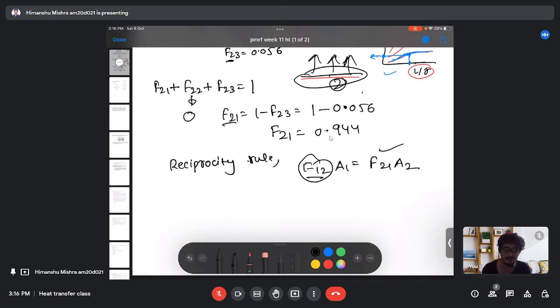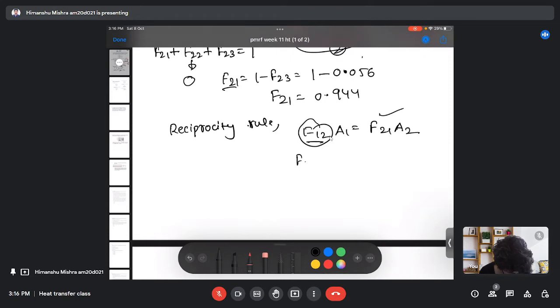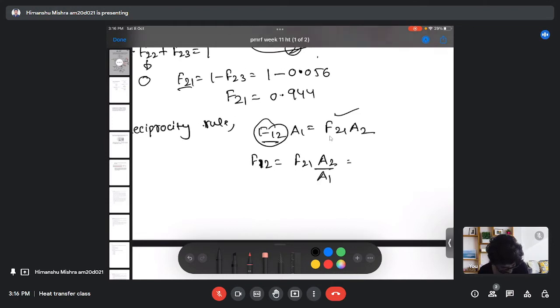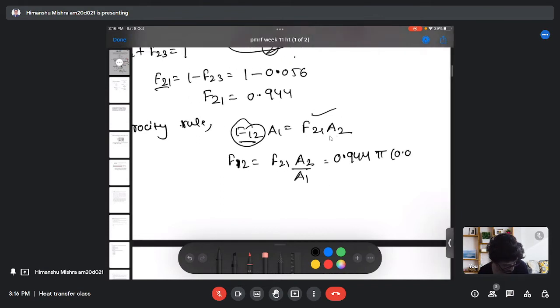We already found the view factor F21, which is 0.944, and the area will be given by the respective surfaces. We need to calculate the value and we will get the view factor F12 as 0.118.